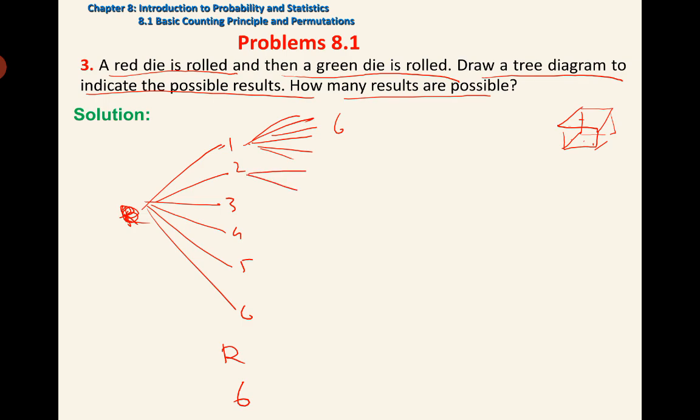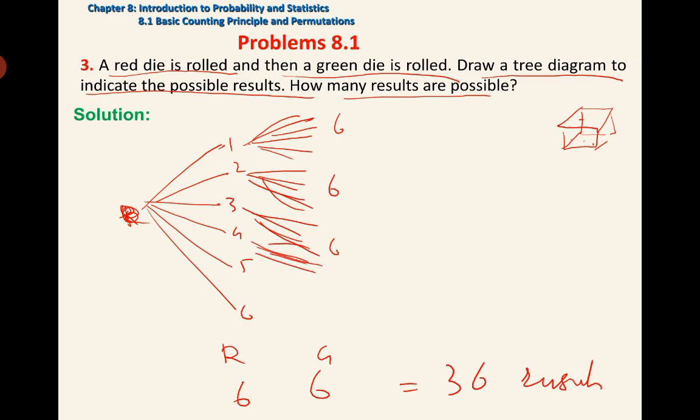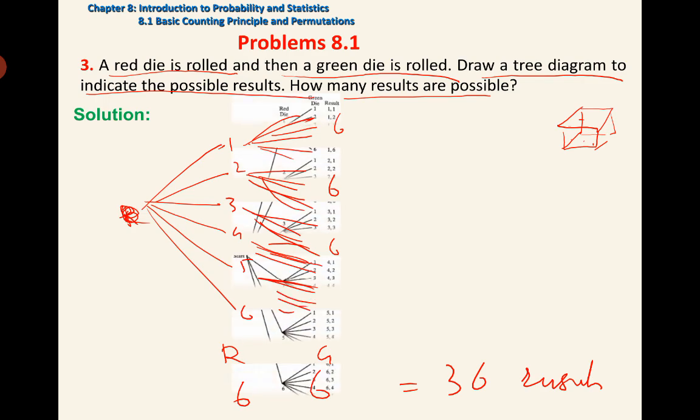For every number there are again 6 more possible cases because another die is thrown. So there are other 6 ways for the green die, isn't it? So totally 6 into 6, there are 36 results possible. In this way you can complete the diagram for every term. Again 6 lines possible. So that's it.